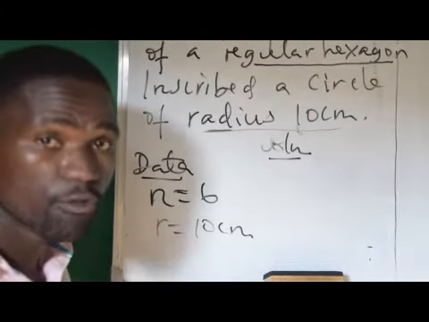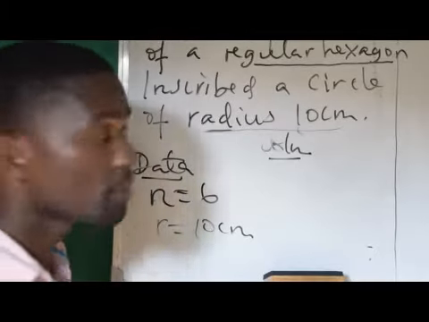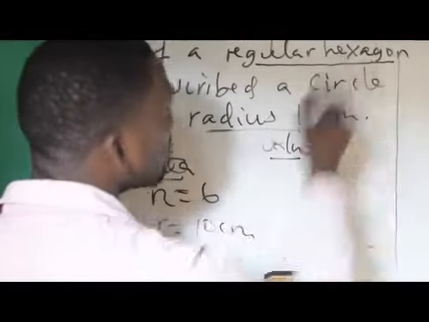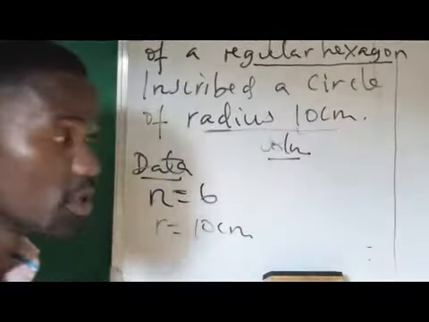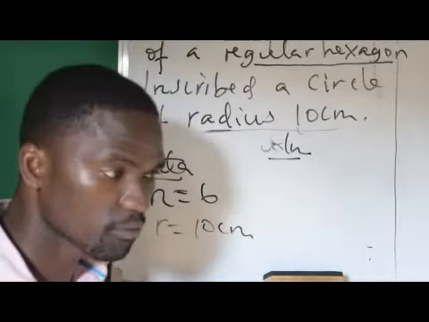Now if you know the formula, calculation remains straightforward. Remember, the target is to find the perimeter of this regular hexagon, so you have to know the formula. Introduce the formula, students, and solve.